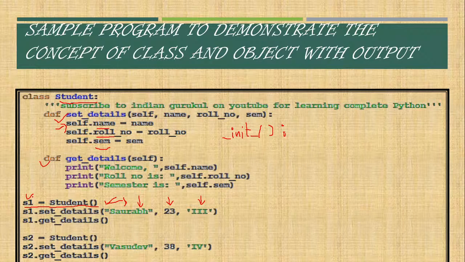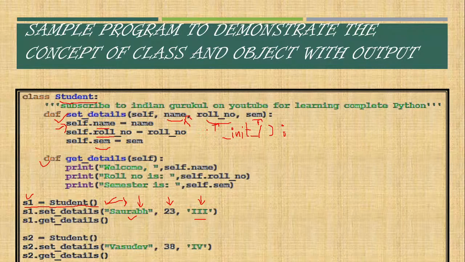Now the three values which are passed are the name, roll underscore number, and the sem. The first value, the string Saurabh, will be passed over here in the name. The second value, which is 23, will be passed over here in the roll underscore number, and the third value, the third semester, will be passed over here in the sem variable.